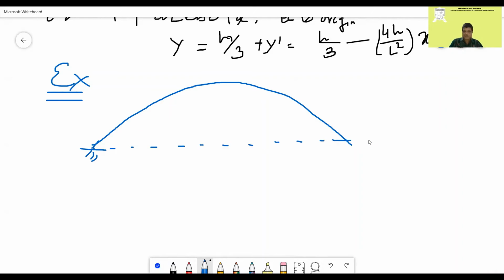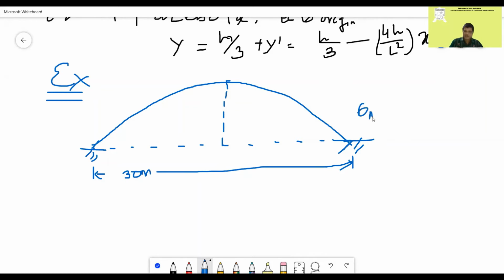So this is 30 meter distance from here to here. Now the rise, so this is the rise. Rise is given 6 meter from here to here.